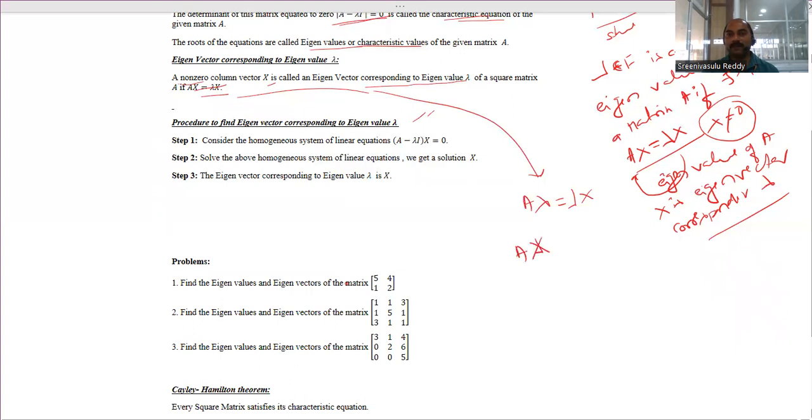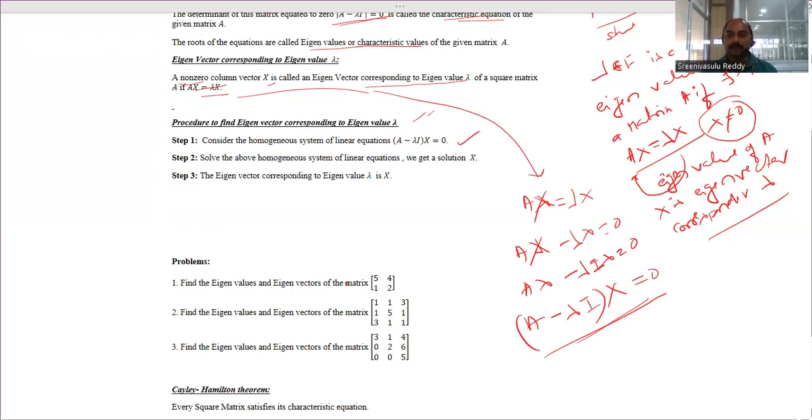Shift everything to one side. Here you write lambda I times x, because multiplying with the identity matrix does not change the value. Take x as a common factor from the right. Then we have (A minus lambda I) times x equals 0. This is the first step.